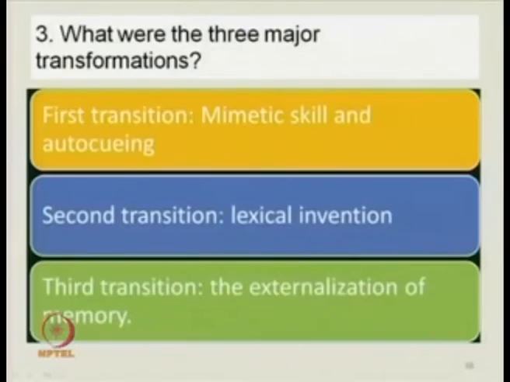But Donald's essay, Donald's book, tells us that there is a difference, particularly when you come to lexical invention and the externalization of memory. We see that all these new things that we are able to do are because these changes have taken place. There is a narrative developmental story, if you will, to this.